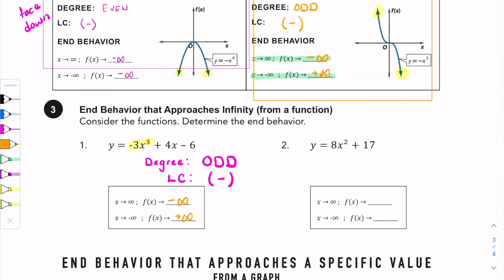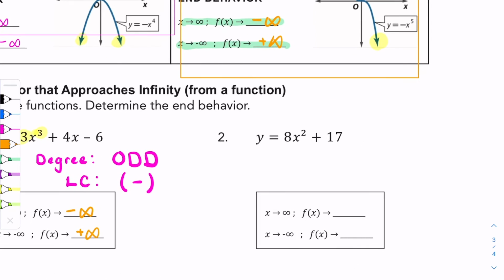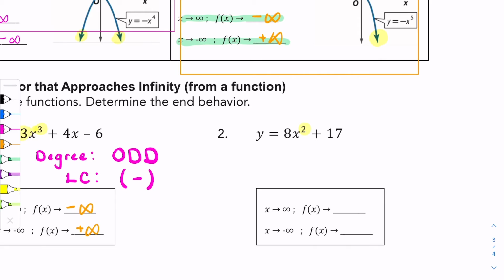It's kind of like a matching thing. So do you understand what end behavior is, and do you understand how you find it or how you identify the degree and the leading coefficient? Number 2, we have a degree of 2, a leading coefficient of 8. A degree of 2 would be an even number, and the leading coefficient of 8 is a positive number.